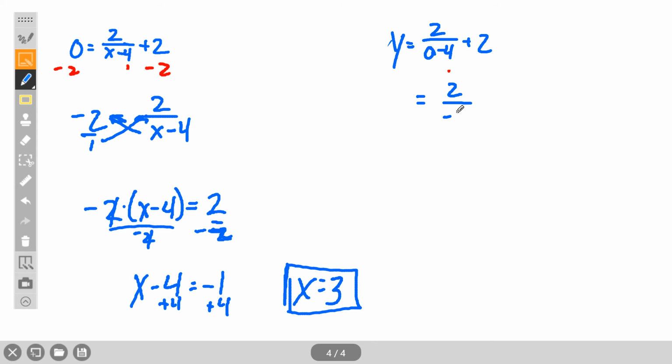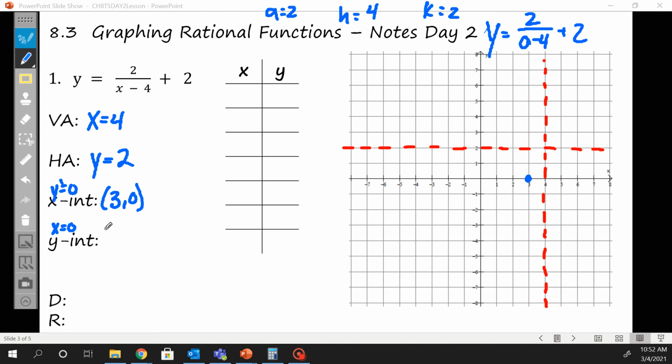So that's 2 over negative 4 plus 2. That's negative 1/2, which is negative 0.5 plus 2, which is 1.5. So we get (0, 1.5). So that's going to be right here.